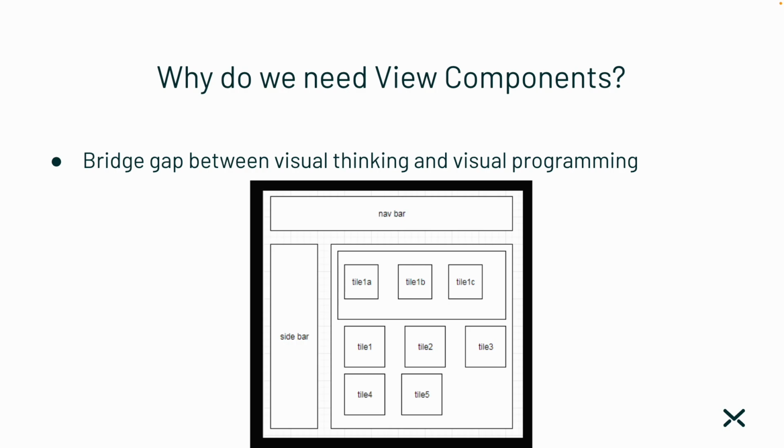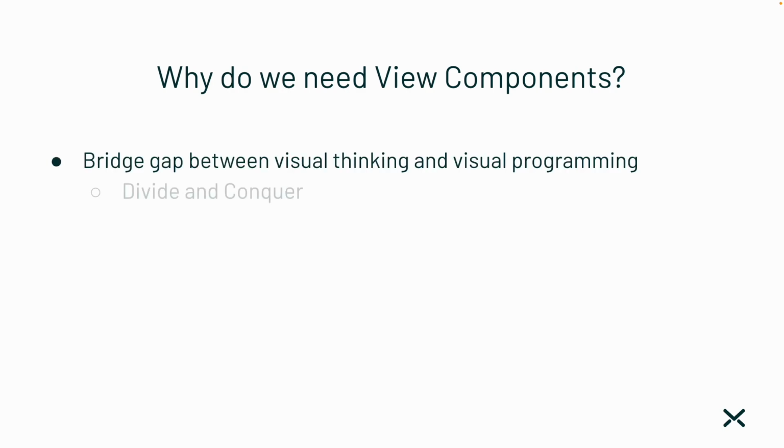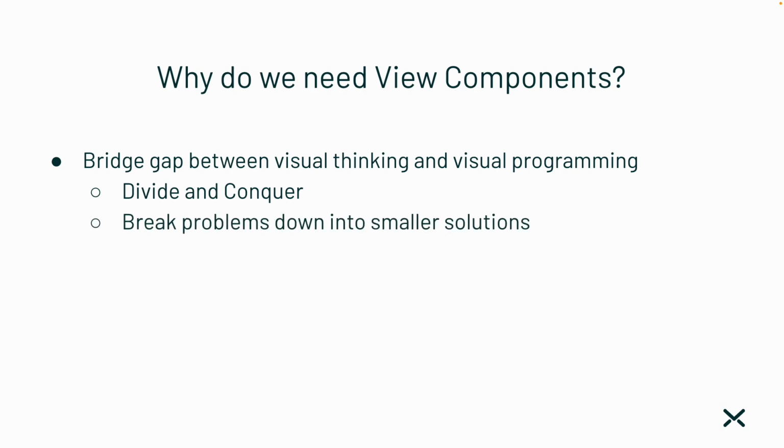So I have a nav bar, a sidebar, a bunch of tiles, and then I can put different things in different places. So it's a way of dividing and conquering the work or the problems, breaking problems down into smaller solutions, and then gradually delivering features.